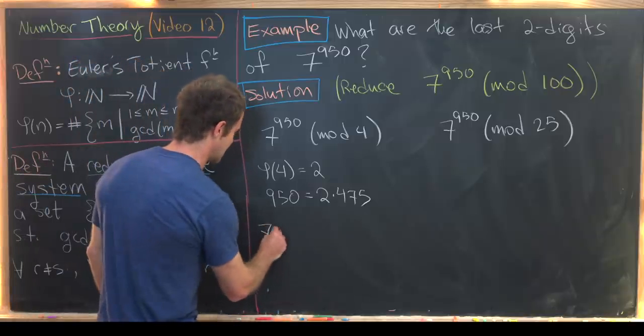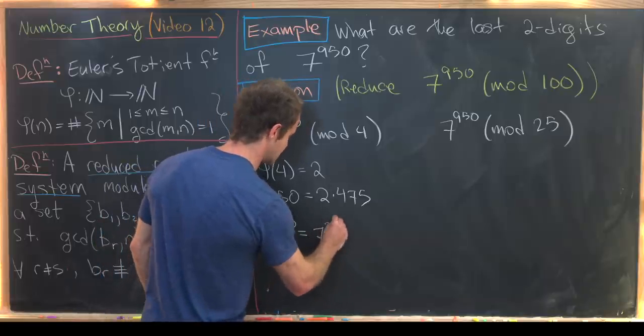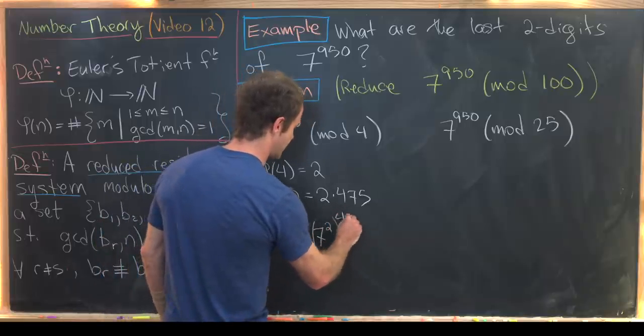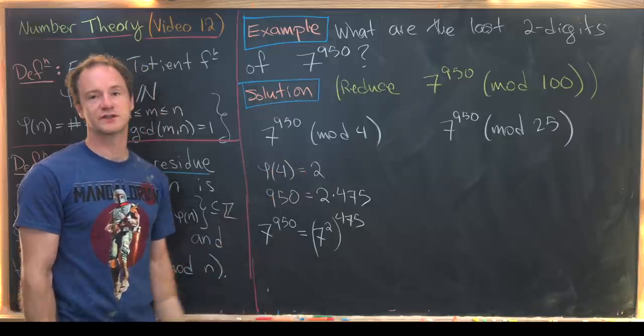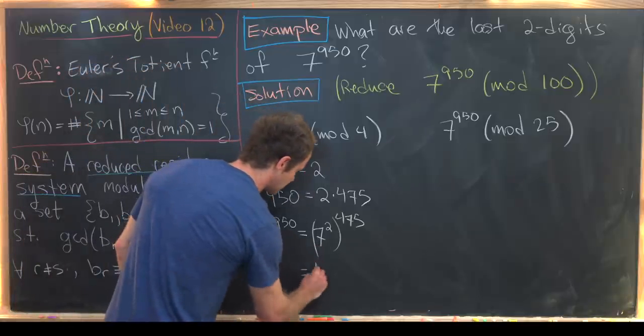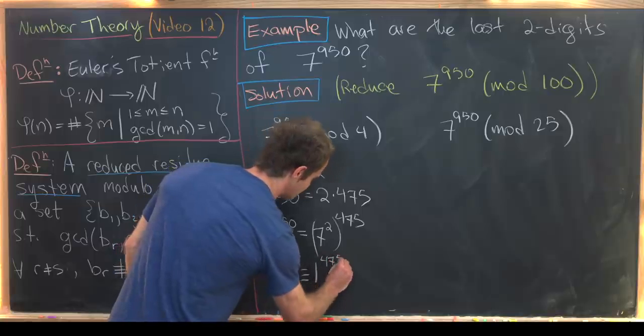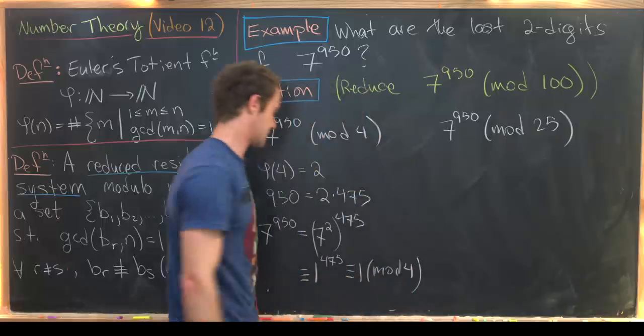So that means we can take 7 to the 950 and rewrite it as 7 squared to the power of 475. And then use the fact that phi of 4 equals 2, applying Euler's theorem, to say that this is congruent to 1 to the 475, which is congruent to 1 mod 4.